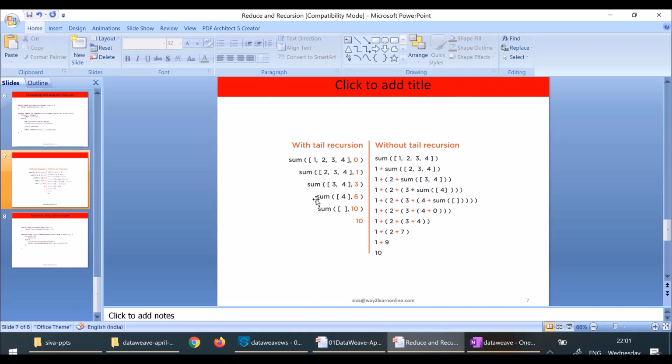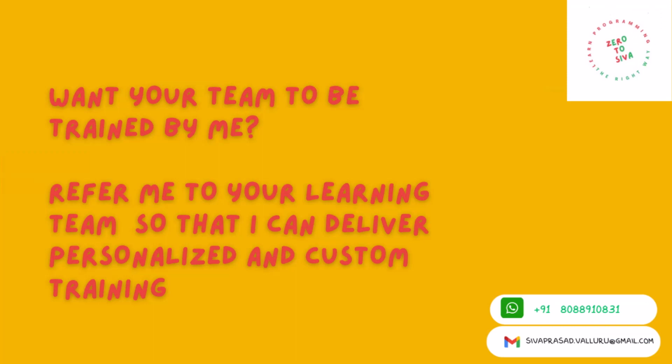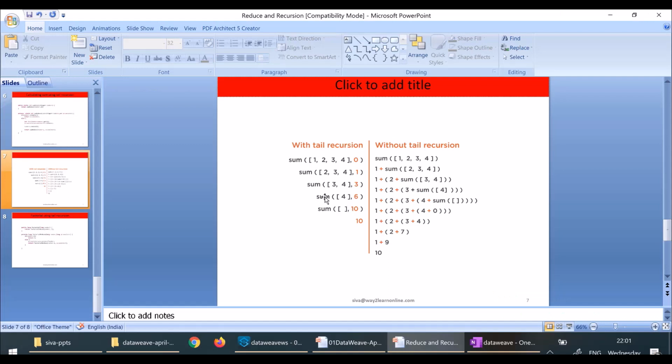Again when it is called in recursion, it will become sum of last element 4 and 3 plus 3, the existing accumulator plus first element. Then again this will become sum of empty list and 6 plus 4, 10.